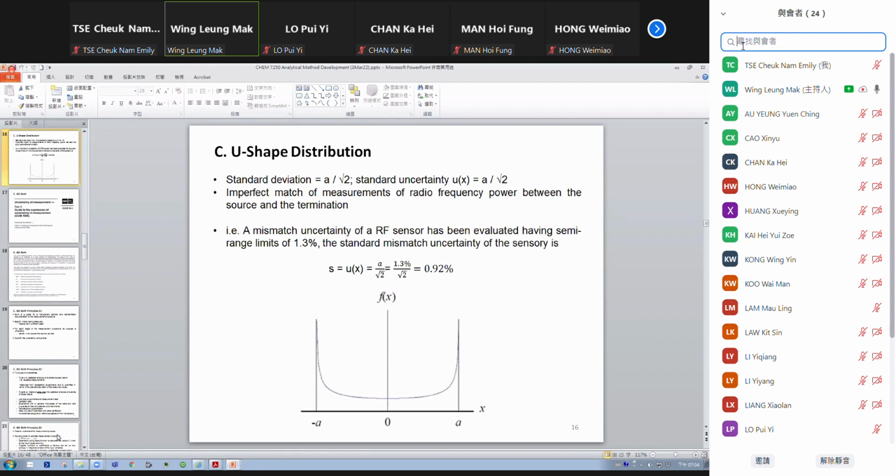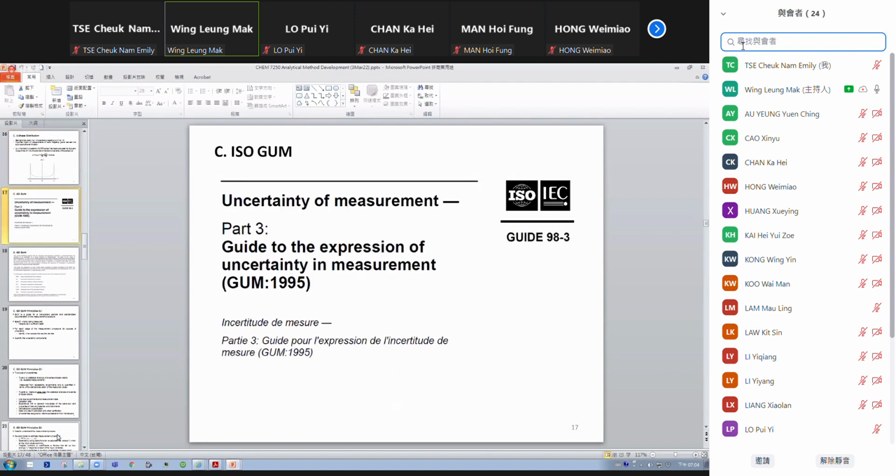There are other factors, but they may not be used in our chemical analysis. This is the standard we refer to for calculating the measurement uncertainty and how to express this MU in our calculations.